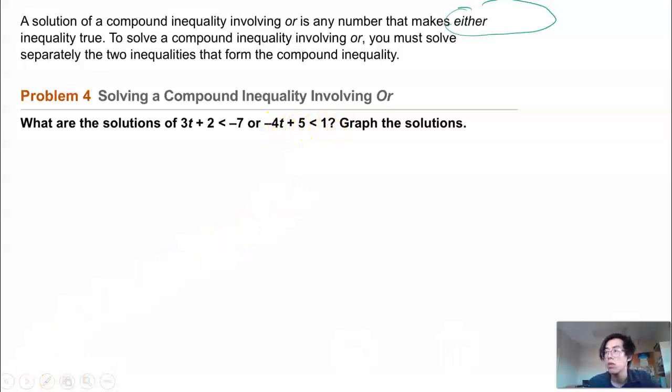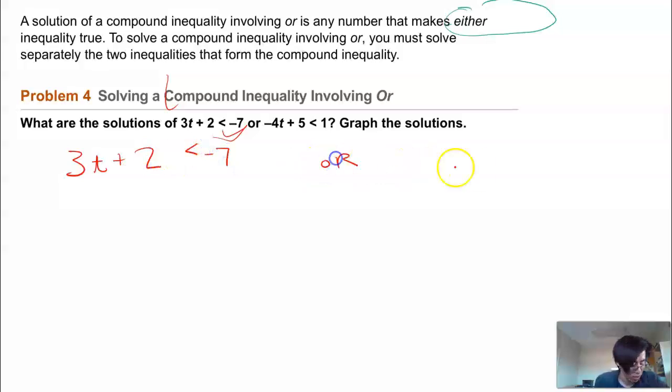So when you do this, let's go back to the color. Use this color. I'm just going to write them out separately again. So I have 3t plus 2 is less than -7, or -4t plus 5 is less than 1.